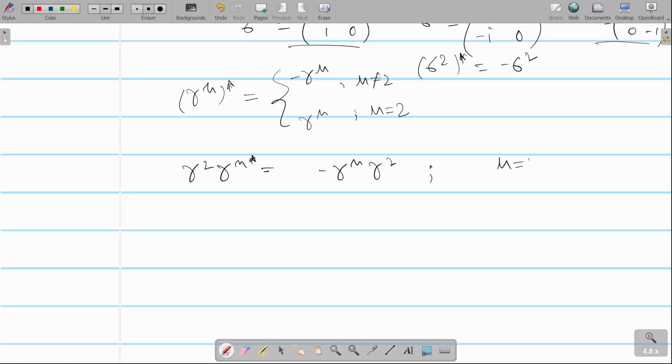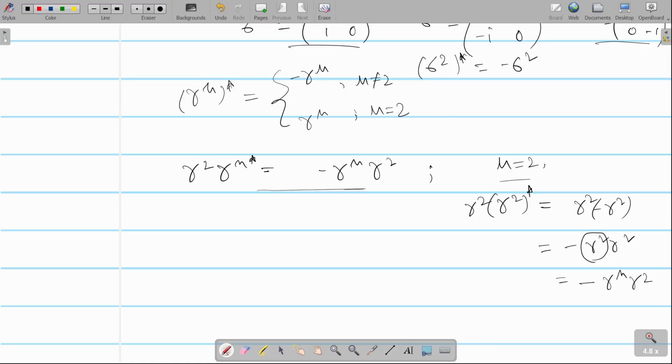When mu is 2, this thing is what you have, and we know this is minus gamma 2, and we take this thing to the gamma 2 because mu is equal to 2. Right, so for mu equal to 2, you have proven this identity, and still have to do the rest of the cases.